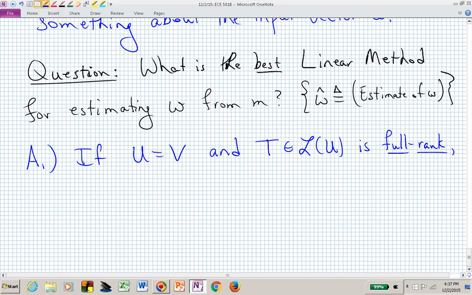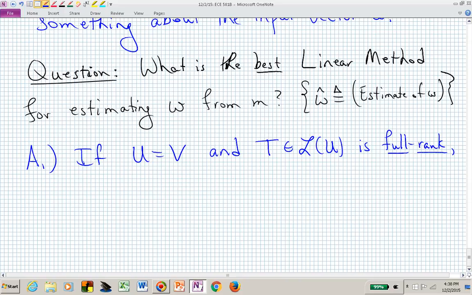do we remember, did we say rank at all before in this class? Have we used that term or expression? We haven't. Full rank means that this linear operator has linearly independent columns or rows, or it has a non-zero determinant.